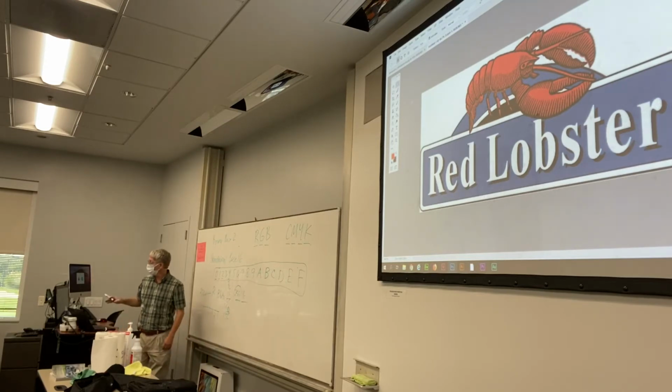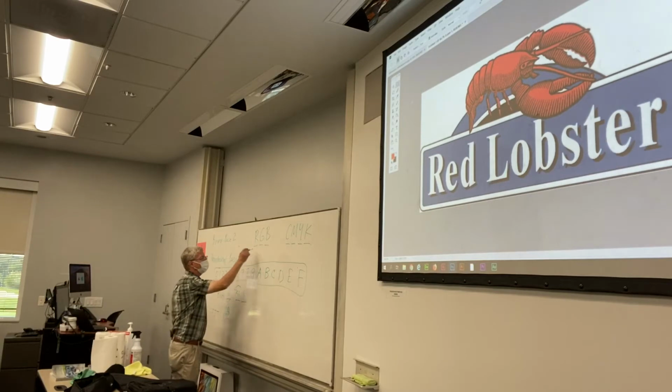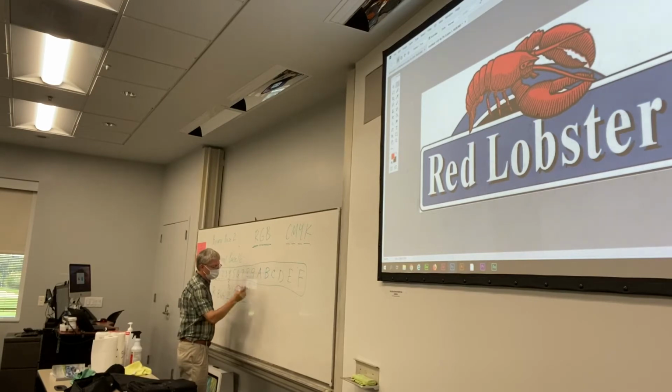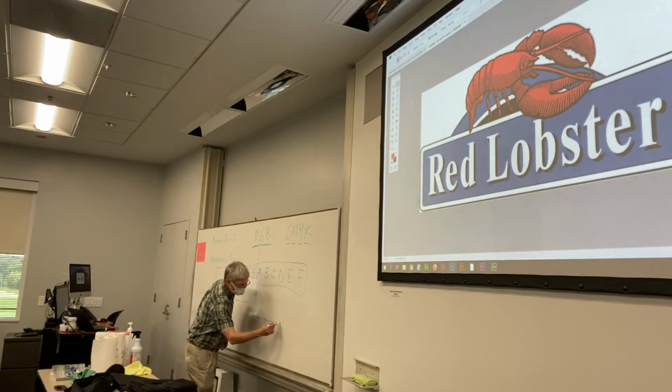Is that okay? So if I'm looking at RGB, a number like this is always set up to be like this. It would be written as a hex number with two digits, 2 digits, and 2 digits.